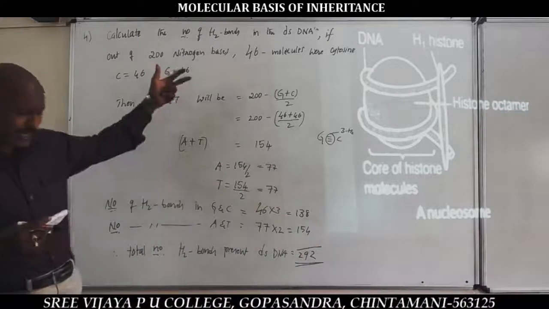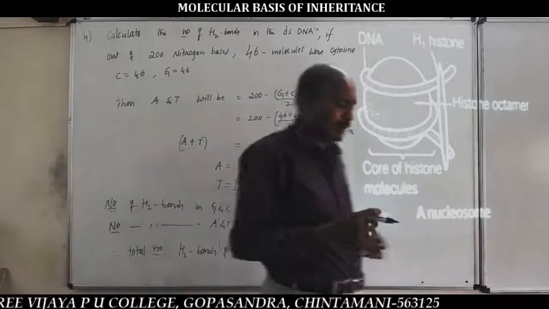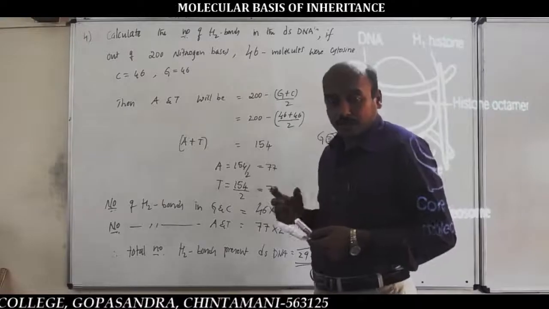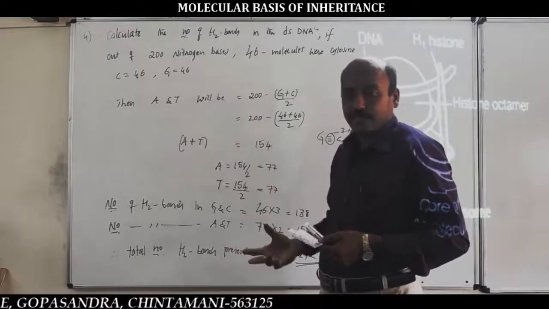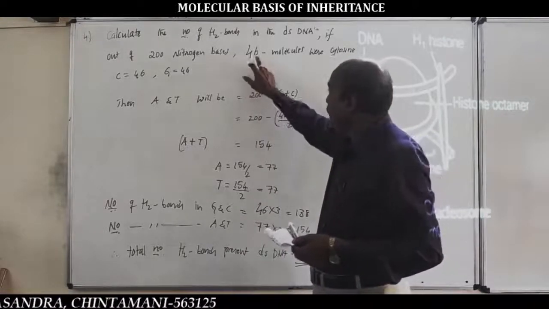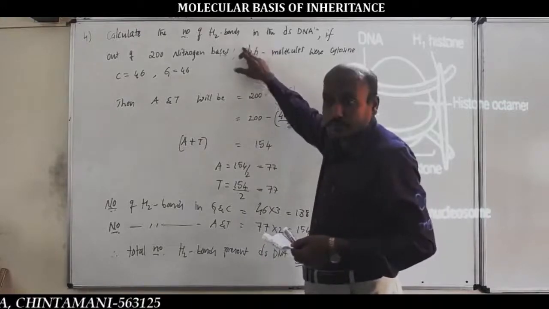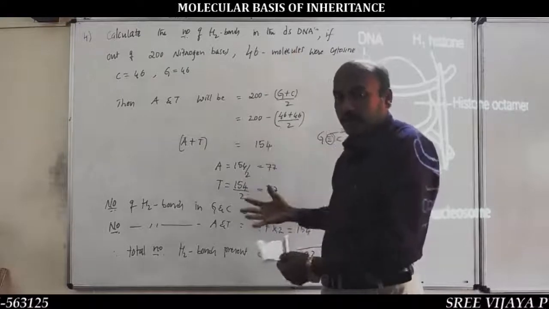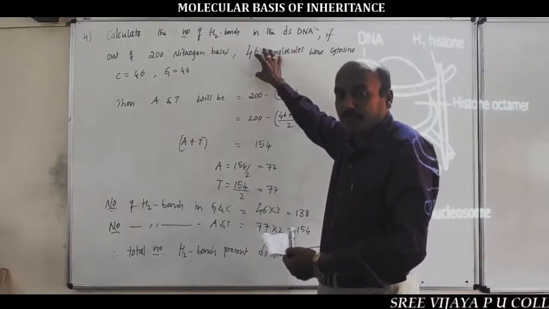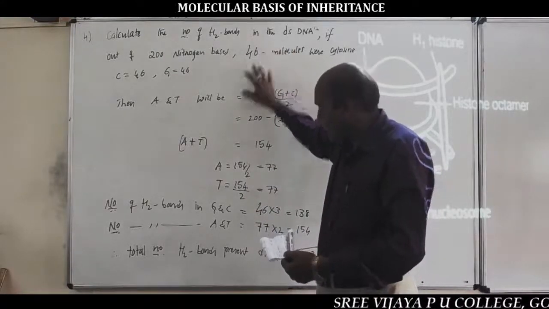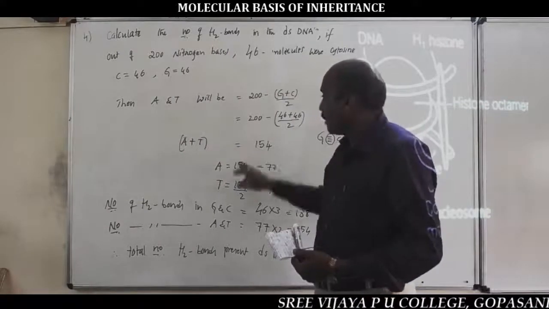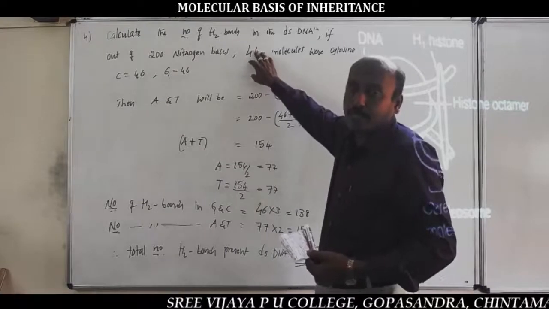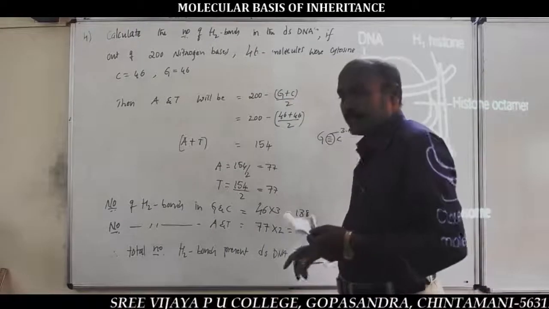See, this is the simple calculation method. In a competitive exam, I can't say they will give the same values and numbers, so it is the method of concept for solving such problems. The number of hydrogen bonds present in this double stranded DNA is 292.